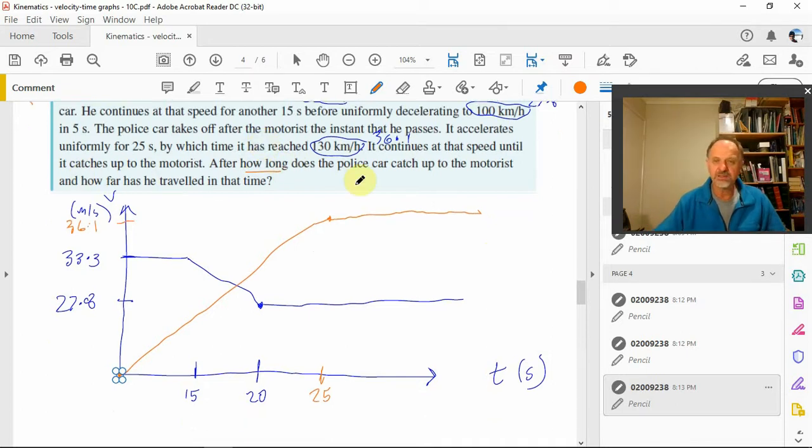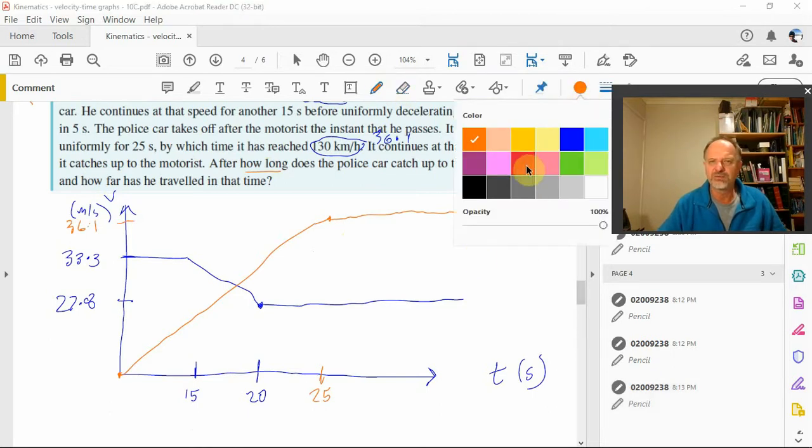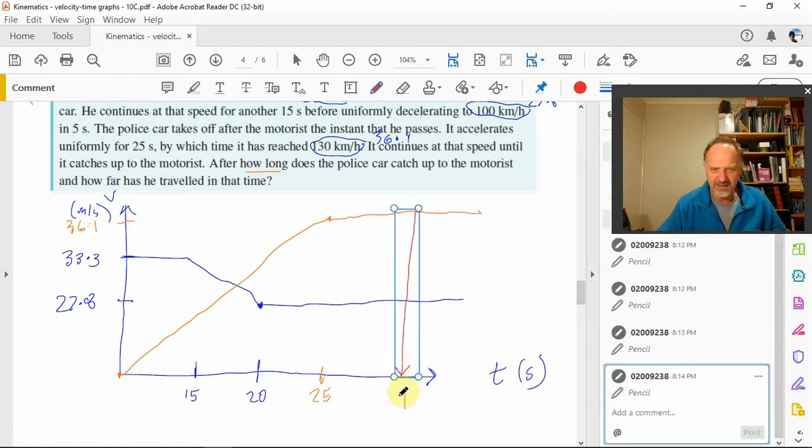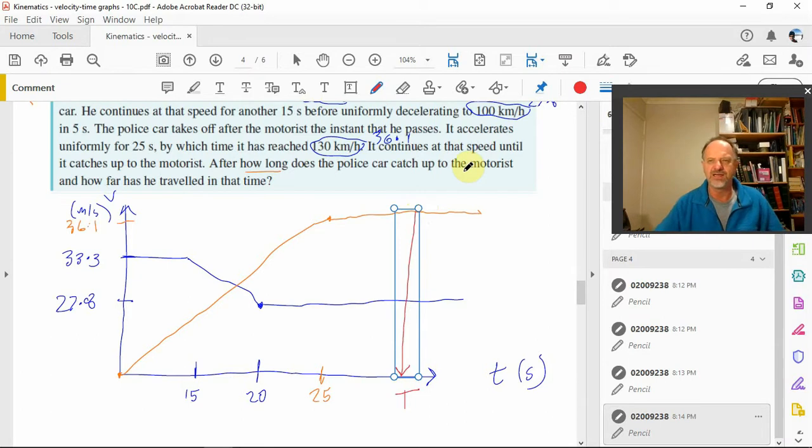All right. To help us, we can say the policeman catches the motorist here at this time, big red T. When you think about this kind of thing, the police car catches the motorist.